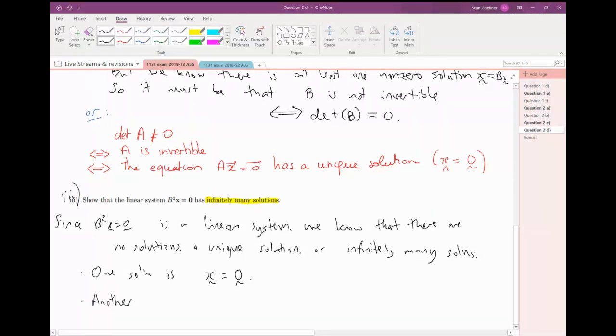And another solution, as we mentioned now in the chat, is x equals y, because b squared y, we saw in part 1, can be written as b times by, and b squared y is 0 is given as is.